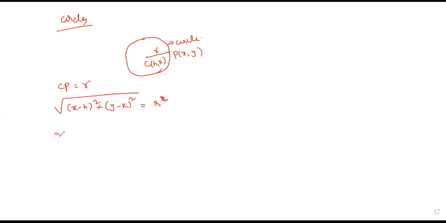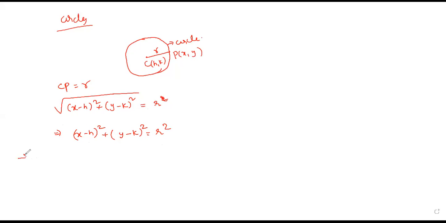By squaring on both sides, (x minus h) whole square plus (y minus k) whole square equals r square. So this is the locus of the point P(x, y). Any point in the locus will satisfy this equation, and any point satisfying this equation is in the locus, so it is nothing but the equation of the circle having center (h, k) and radius r.